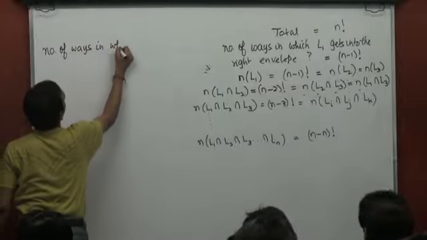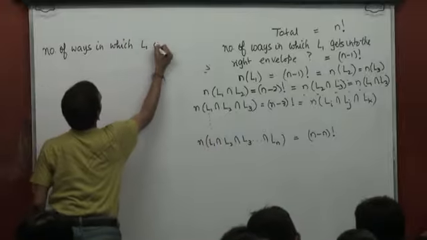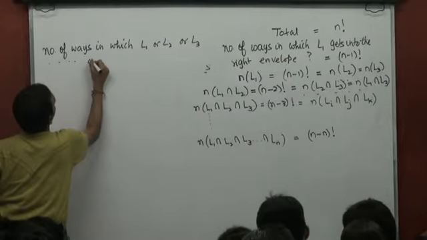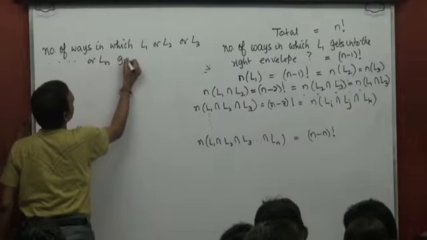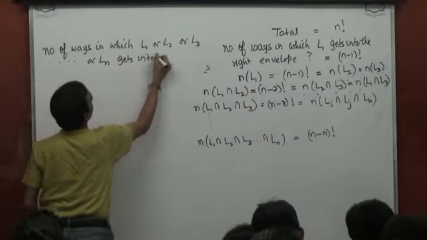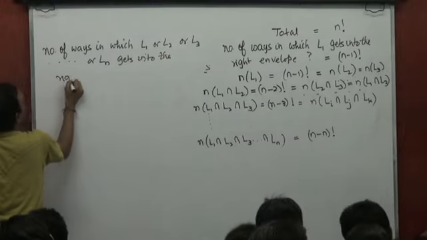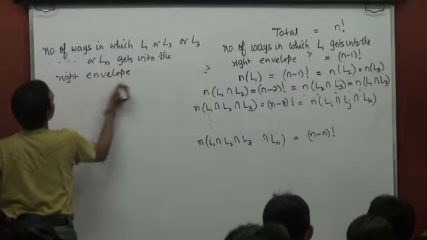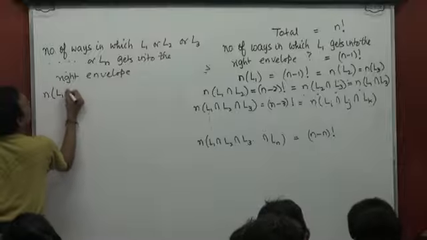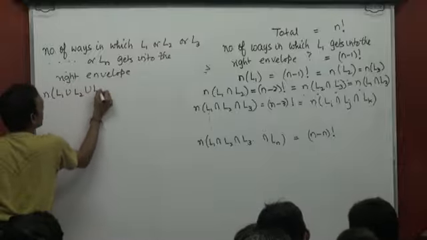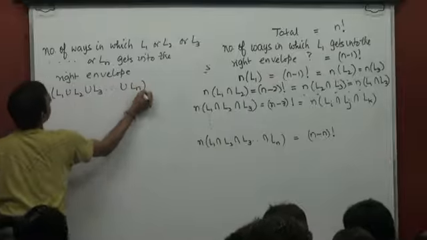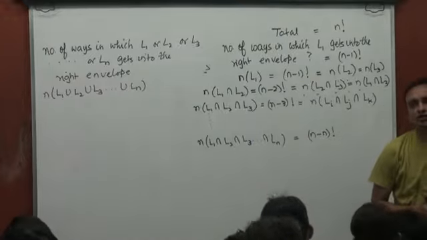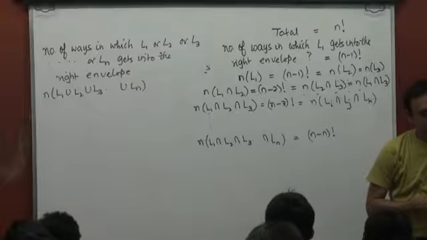Now, the number of ways in which L1 or L2 or L3 or Ln gets into the right envelope is mathematically designated as n(L1 ∪ L2 ∪ L3 ∪ Ln).